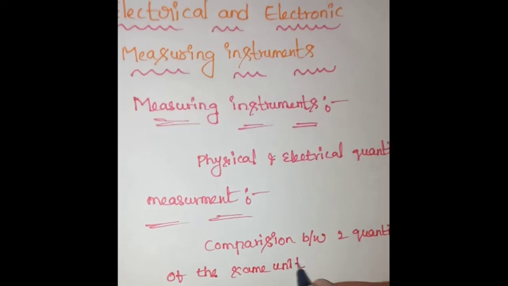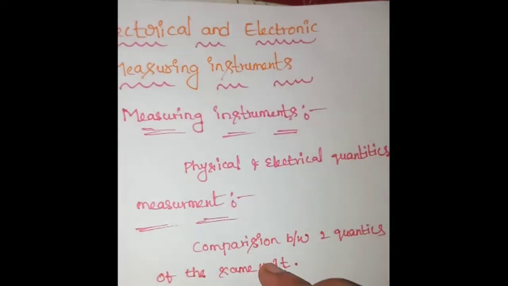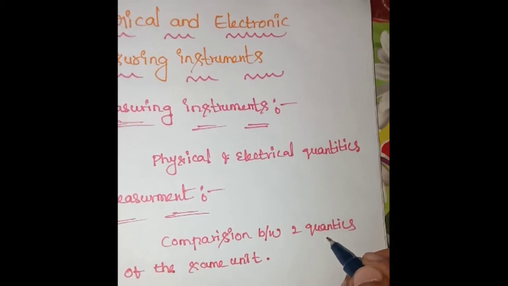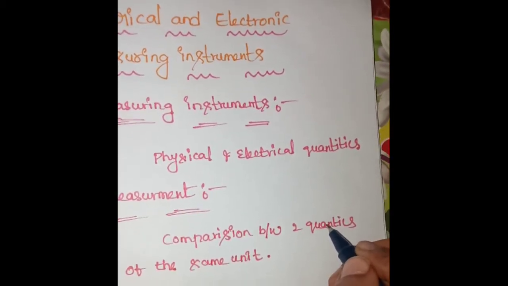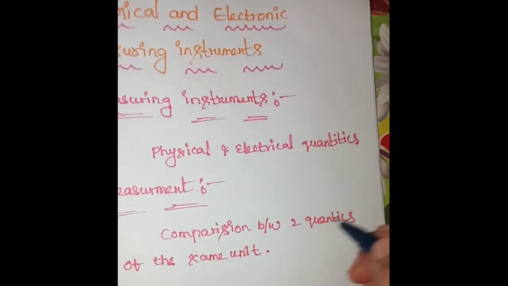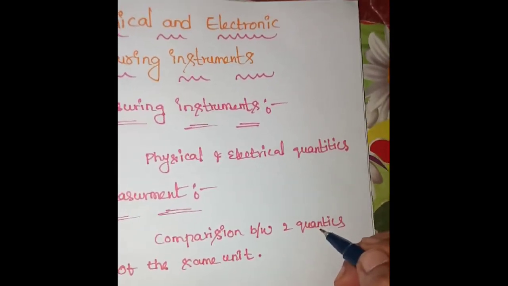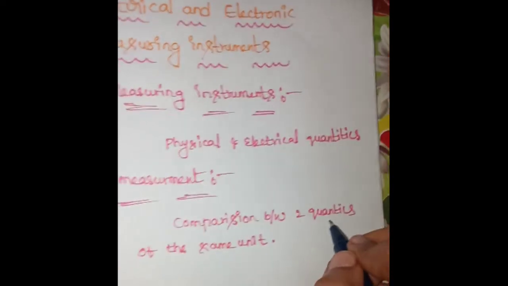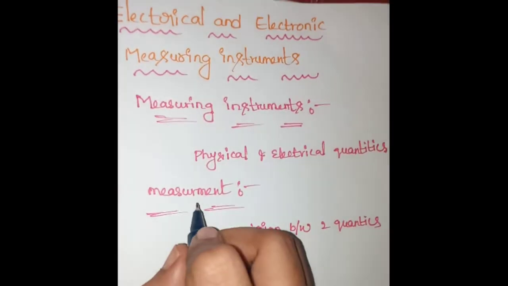Here, of the two quantities, one is unknown and another one is a known source. To find the unknown value, the result of the comparison is obtained as a numerical value. So this is called a measurement.